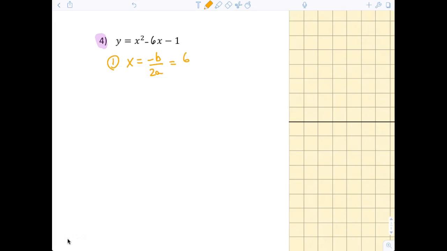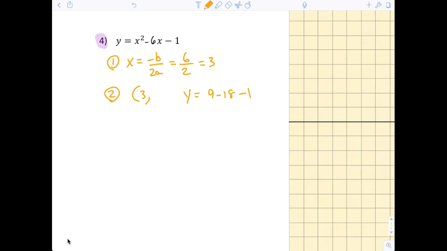So it'd be 6 over 2, which is equal to what? 3. So x equals 3 is your axis of symmetry. Agreed? Now, number 2, your vertex: 3, comma. Now you plug 3 in. So y equals 9 minus 18 minus 1.